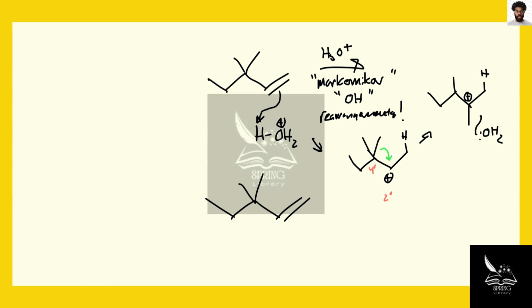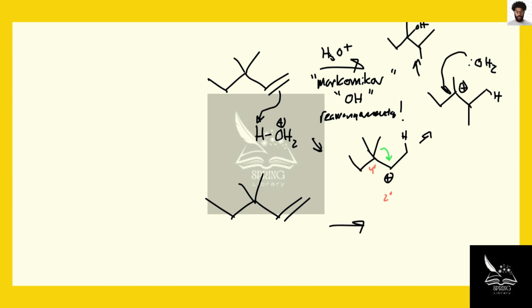Oops, put the carbocation in the wrong spot. This intermediate, and water adds to the central carbon instead. And after a deprotonation step, we'll get that our product is like this. Okay, so that's the answer to the first question.